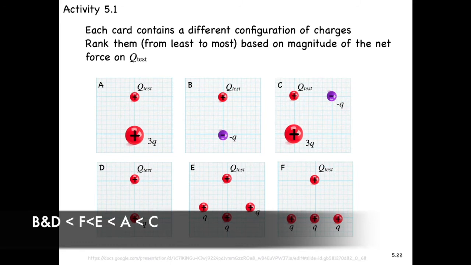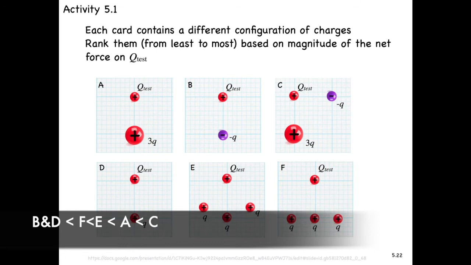So that's an argument why F would be weaker than E. So that would put F down here below E. And is that everything? 1, 2, 3, 4, 5. Yeah. I'm comfortable with all those explanations, giving us B and D being equivalent, and F, E, A, and then C.